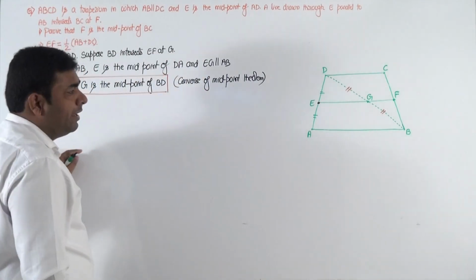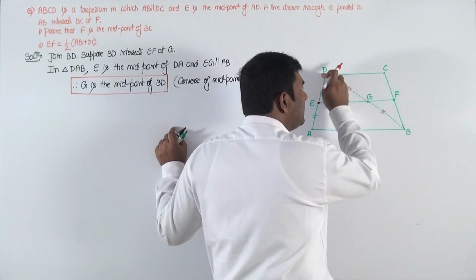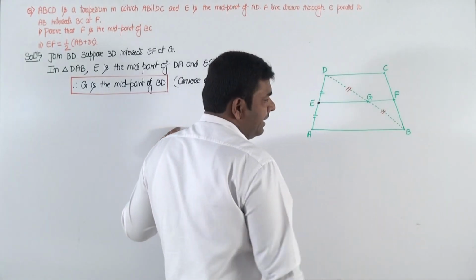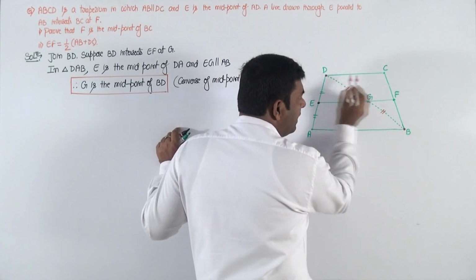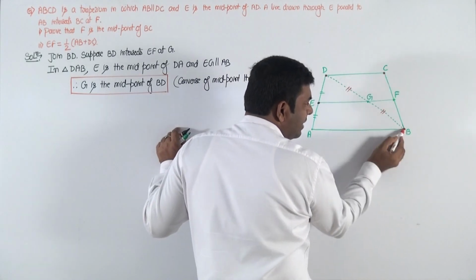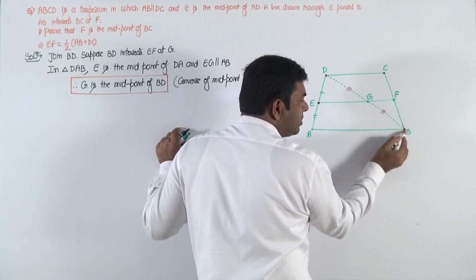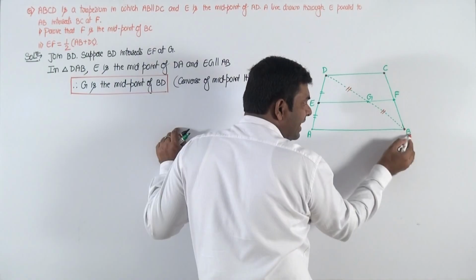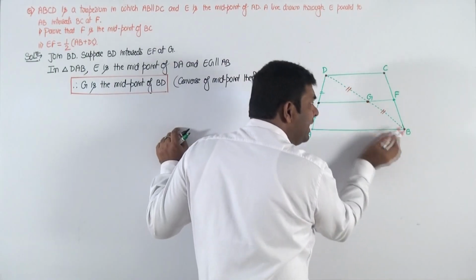Isn't it? आप ट्राइंगल, ये वाला ट्राइंगल लेना, BDC, इस ट्राइंगल में, इन दिस ट्राइंगल G is the midpoint of what? BD.